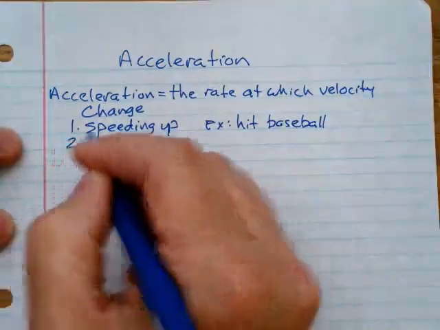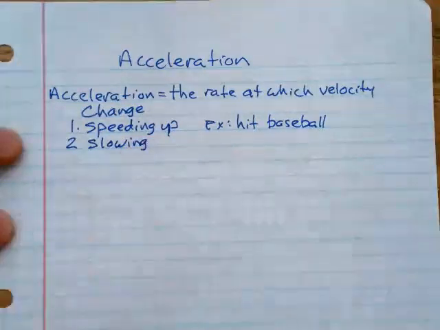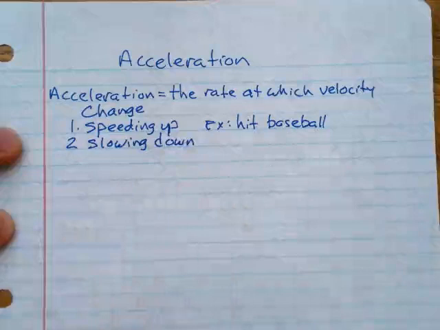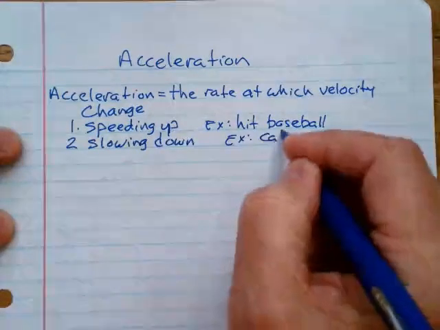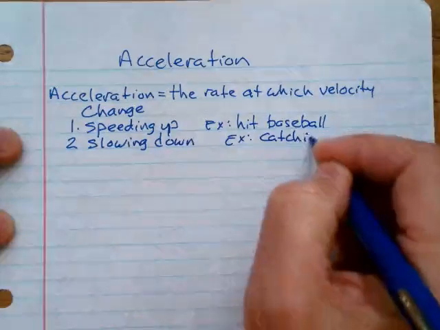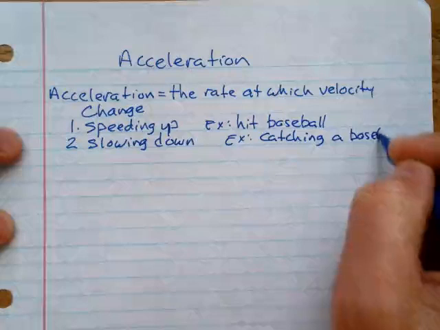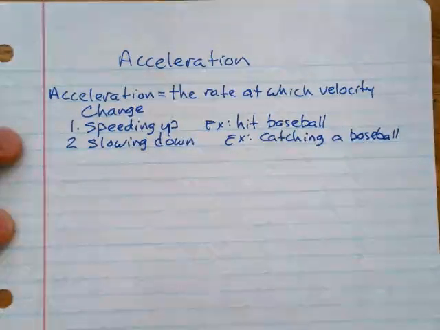It can be slowing down. An example of that might be catching a baseball. As that ball's flying through the air and gets to the mitt, it's slowing down for sure.